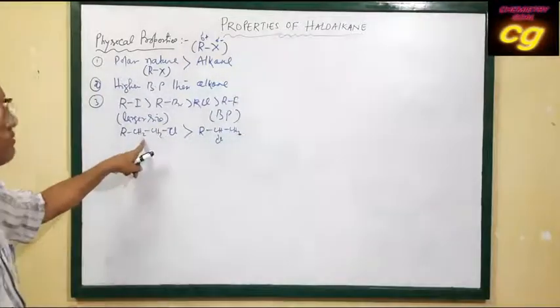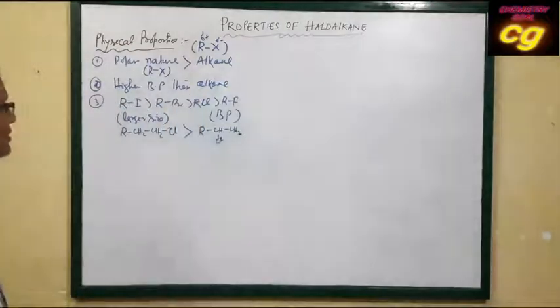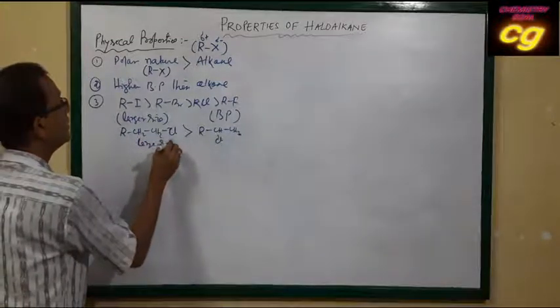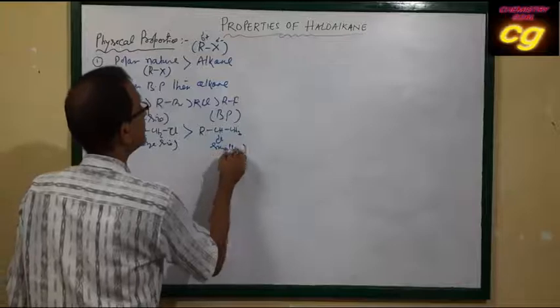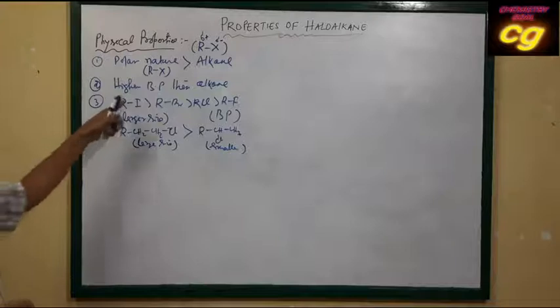So the straight chain compound has a higher boiling point than the branched chain because of larger size versus smaller size. This is the difference regarding the boiling point.